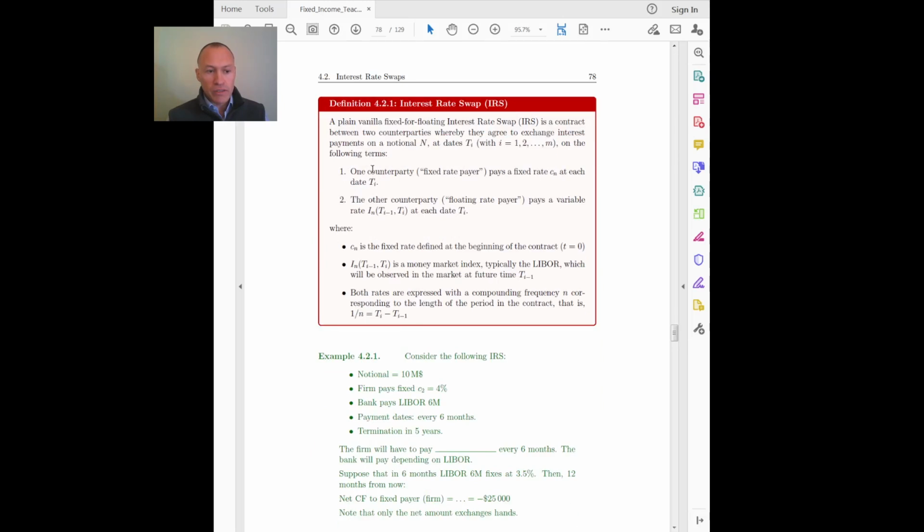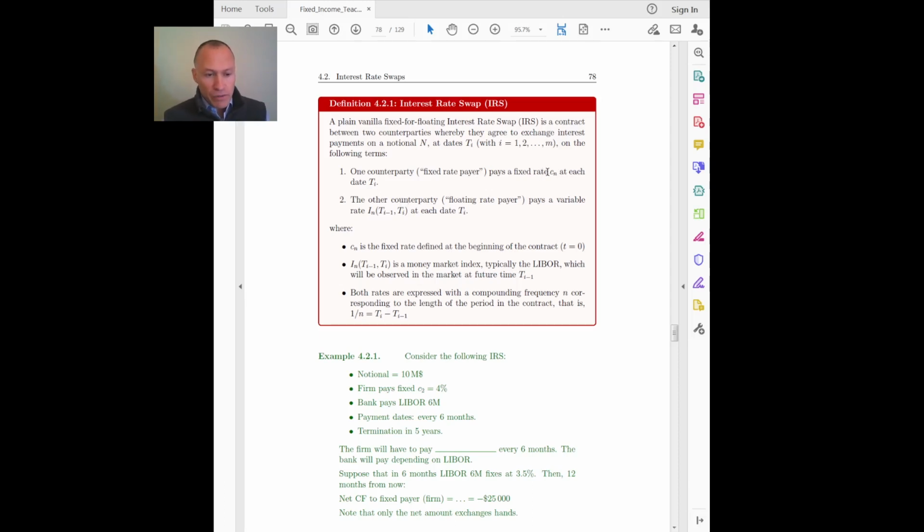One counterparty agrees to pay fixed and the other counterparty agrees to pay floating, just like in a forward rate agreement. The only difference now is that with a single contract, we agree not on just one single payment, but on a series of payments, okay?